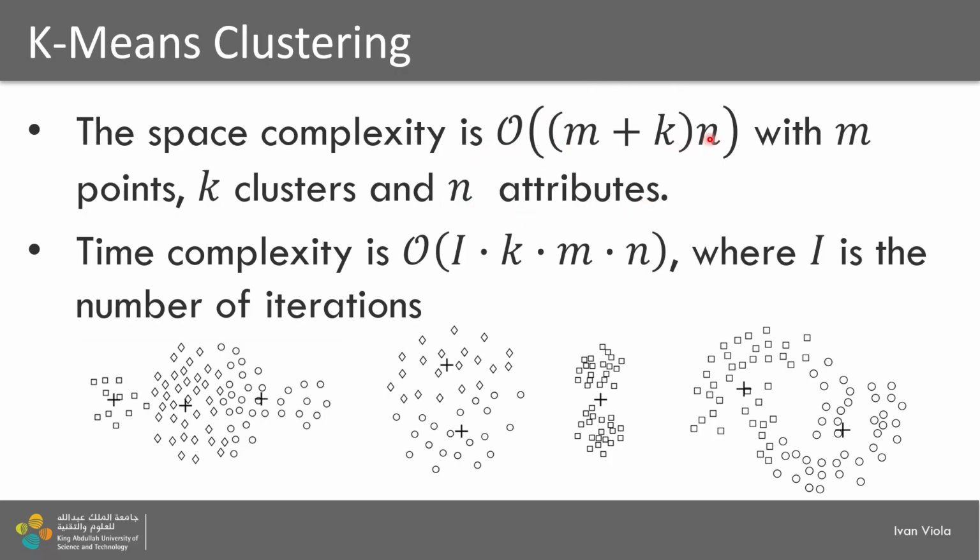So this is a modest space complexity. The time complexity is defined by k times m times n times I, where I is the number of iterations we need until we receive some stable positioning.